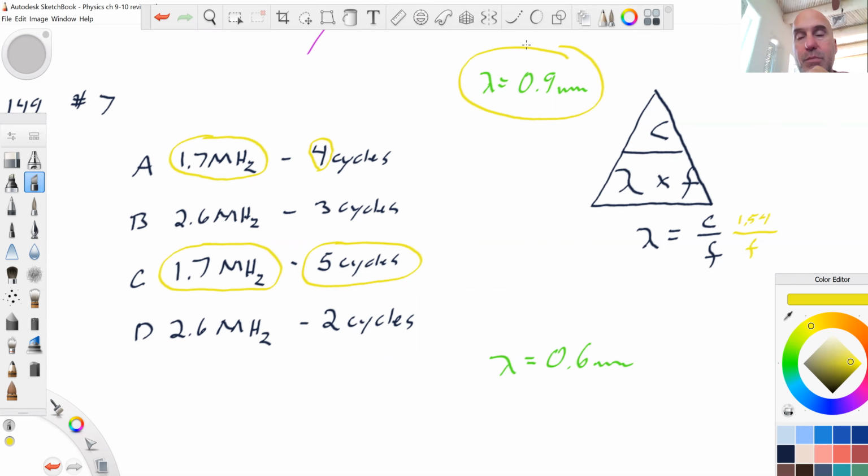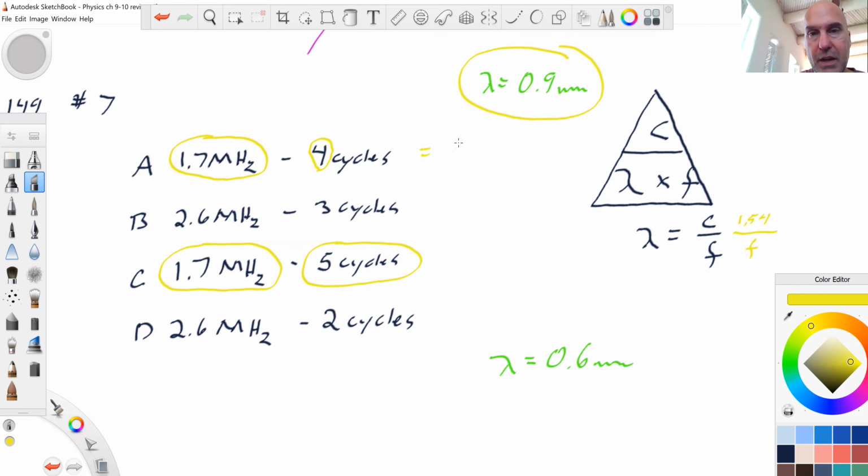There are spatial pulse lengths with the waves, several cycles, I should say, combined that equal less than 0.9. So right off the bat, now we have to do 4 times that. 4 times 0.9 is 3.6.